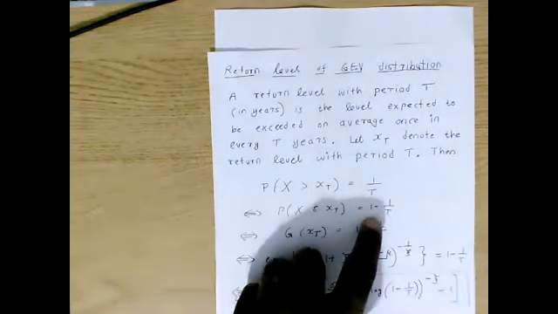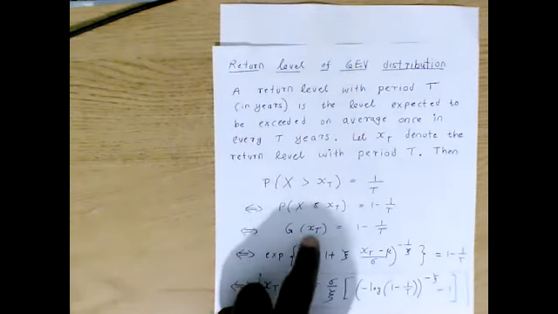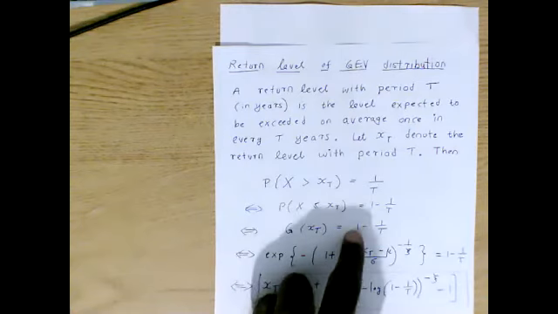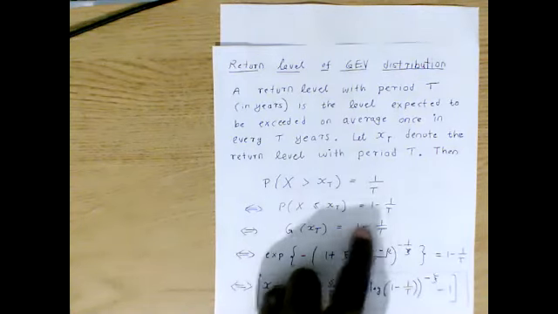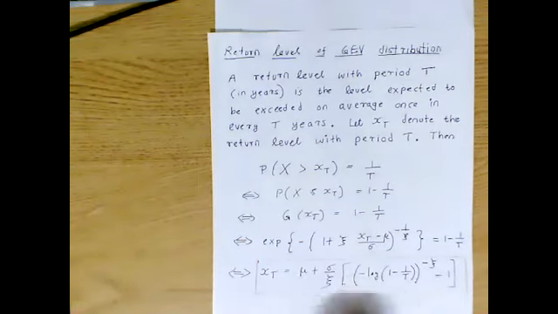And this is the same as saying that the quantile function, in other words, the CDF at x_T, must be 1 minus 1 over T. And solving this equation, you will get this as the formula for the return level for the GEV distribution, right?